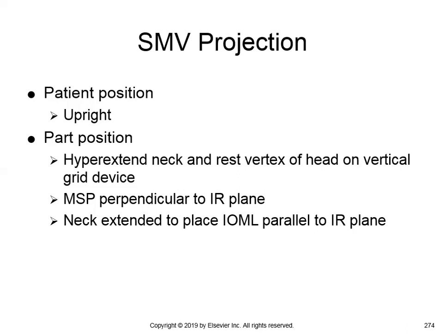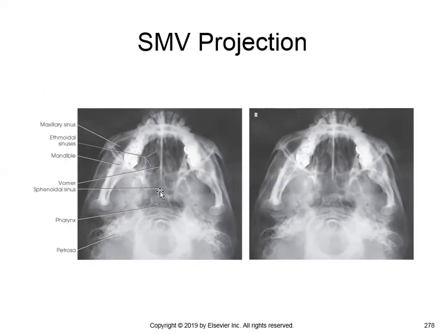And the reason I say that is because if we get down here to the images, this is the sphenoid sinus. So if the patient's chin is tucked, you're going to take the sphenoid sinus and tuck it into all this mess back here.